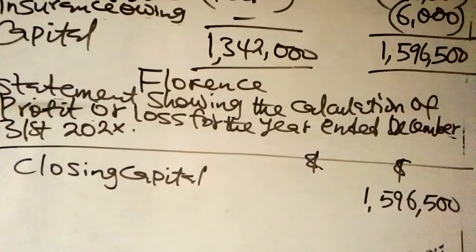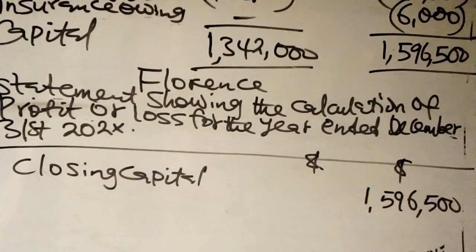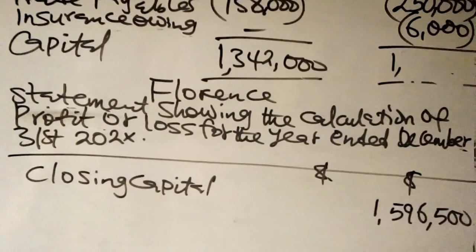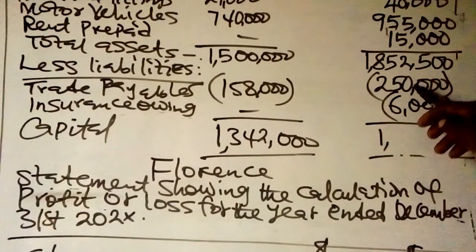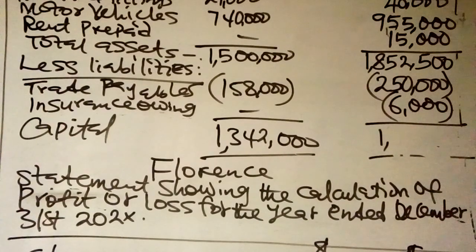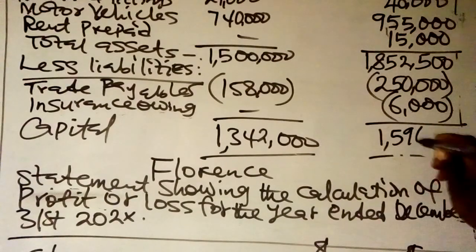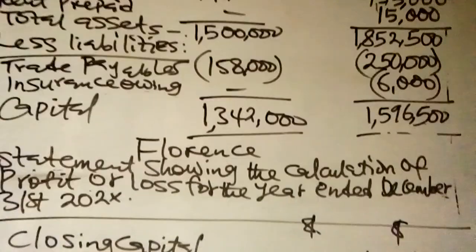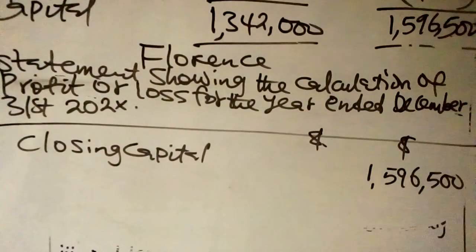By the time we subtracted the 250,000 and 6,000 from 1,852,500, the closing capital is 1,596,500. That is our closing capital. Then you add drawings.